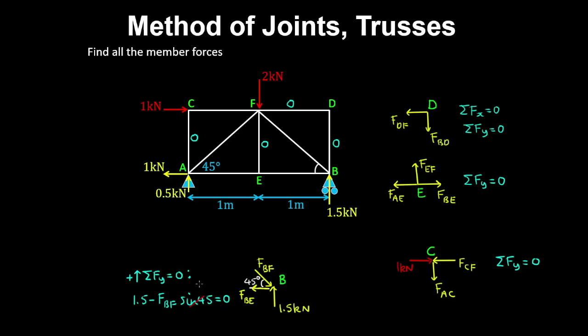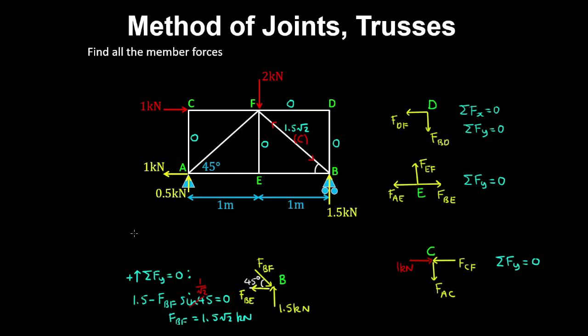And sine 45 is 1 on root 2. So therefore FBF is 1.5 root 2 kilonewtons, which will write up here. And because this force is going into the joint B, then this member is in compression.